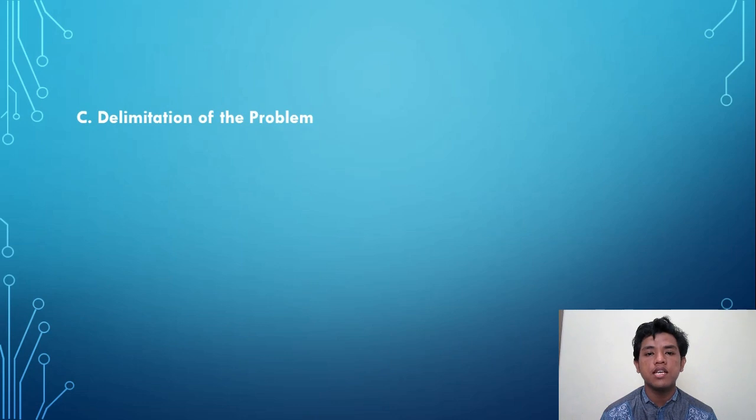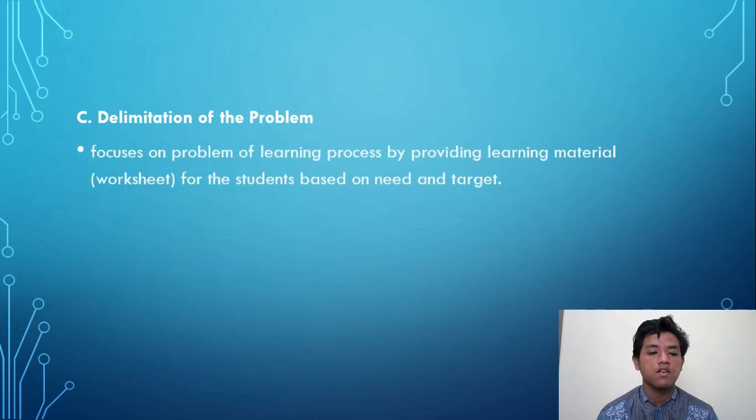Third point is delimitation of the problem. It focuses on the problem of the learning process by providing learning material or a worksheet for the students based on need and target.